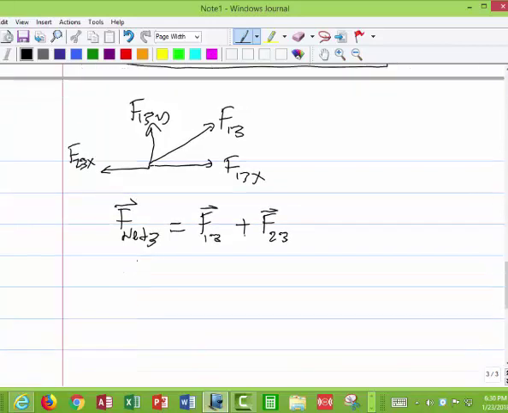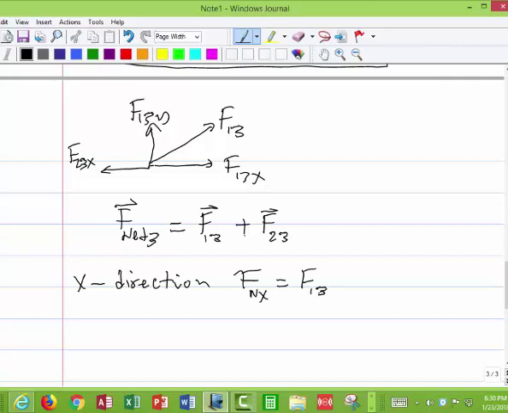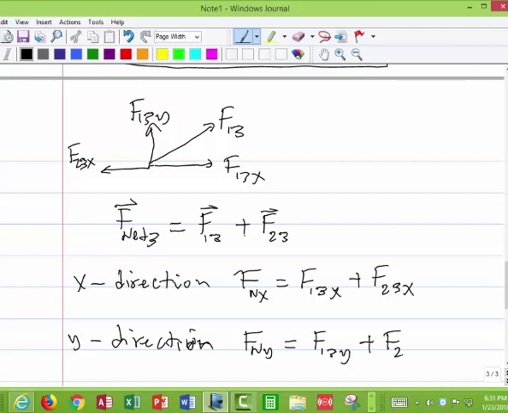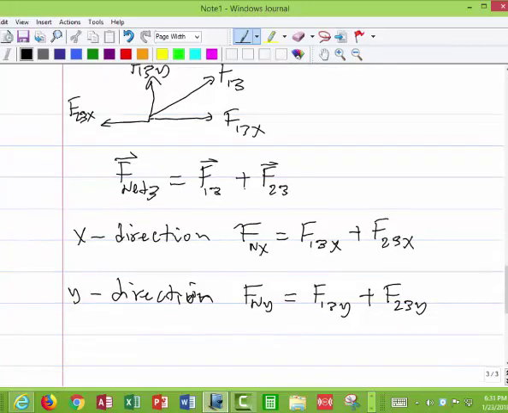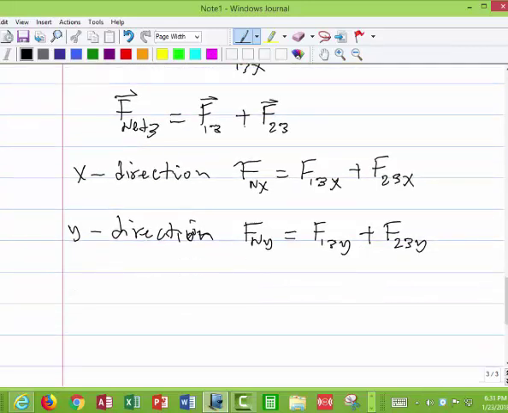Okay, and we just have to split it up into components. So in the x direction, the net force in the x direction is equal to the force of 1 on 3 in the x direction plus force of 2 on 3 in the x direction. And then in the y direction, the net force on 3 in the y direction is the force of 1 on 3 in the y direction plus the force of 2 on 3 in the y direction. Okay, and we know that the force of 2 on 3 in the y direction is equal to 0 because there is no components there.